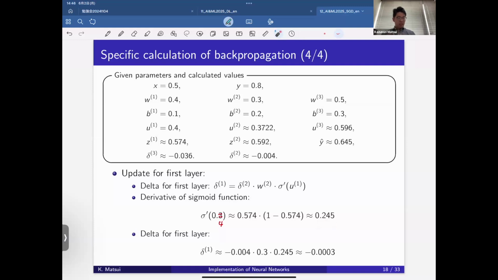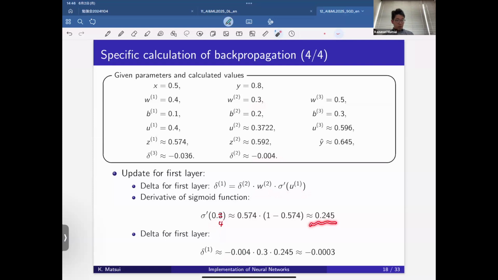So delta for the first layer is, delta 2 is minus 0.004, W2 is 0.3, sigma prime u1 is about 0.245.